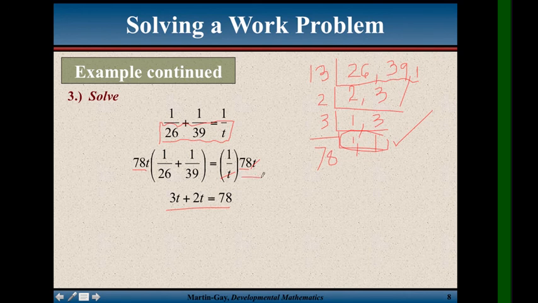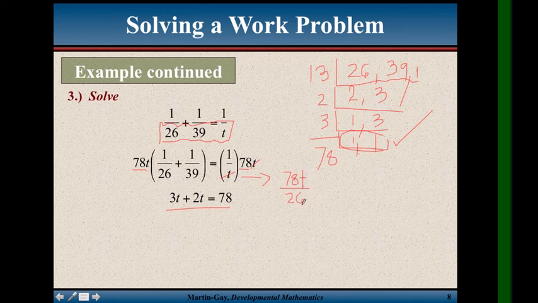Other way ng pagsasolve nito ay ganito. Just write 78T over 26.